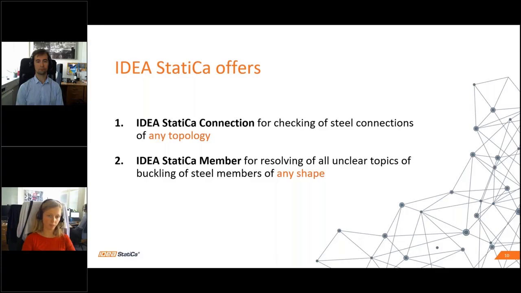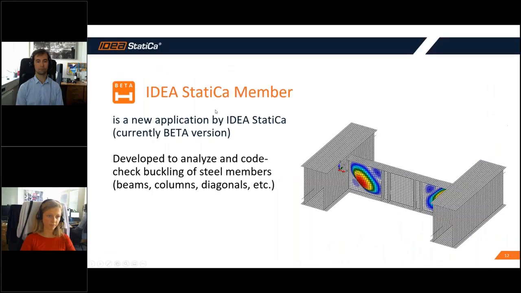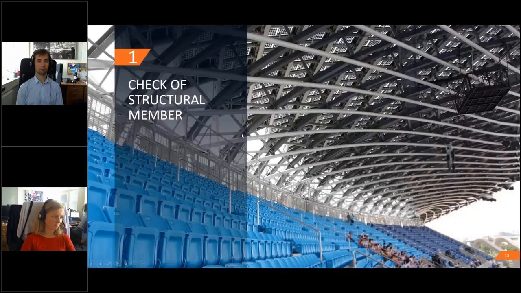You can model a structural member of any shape. IDEA StatiCa Member is still in a beta version, and as I mentioned, it's dedicated to analyzing and checking the buckling of steel members. It means beams, columns, diagonals, etc. You will see in this presentation.